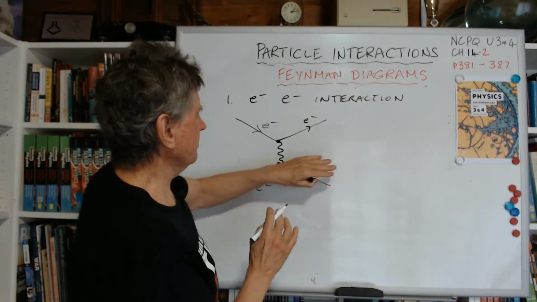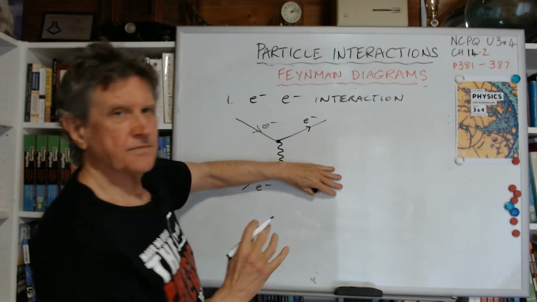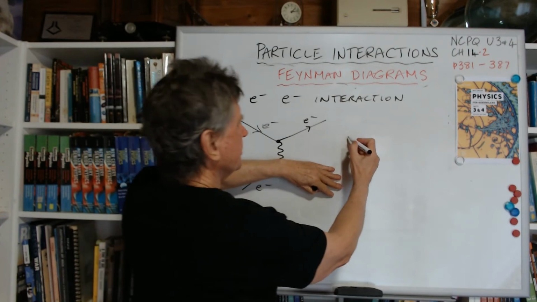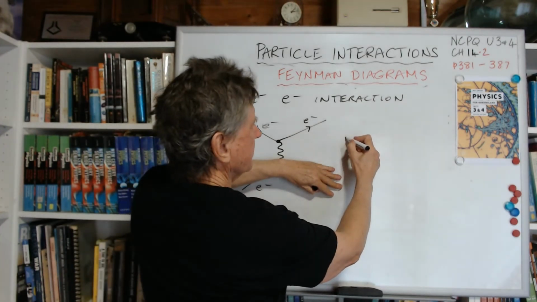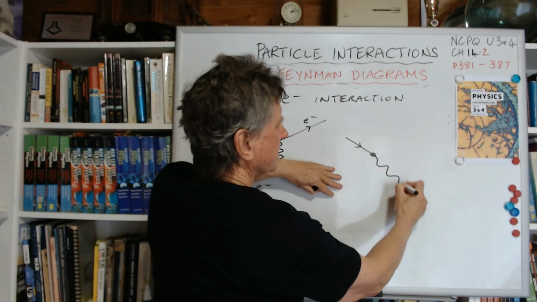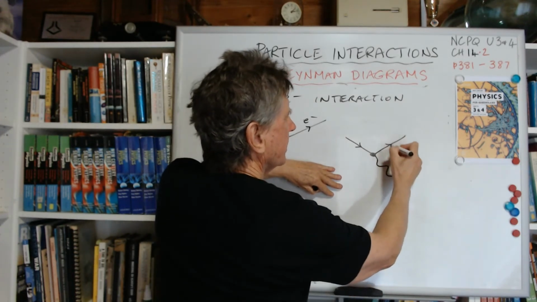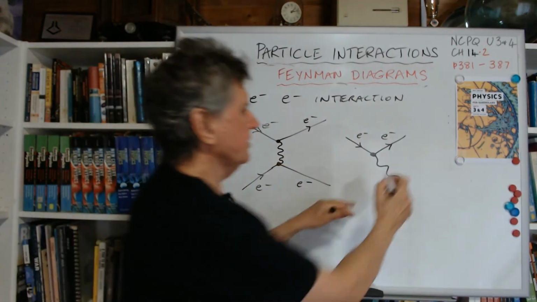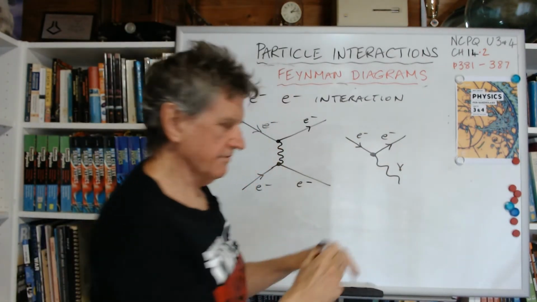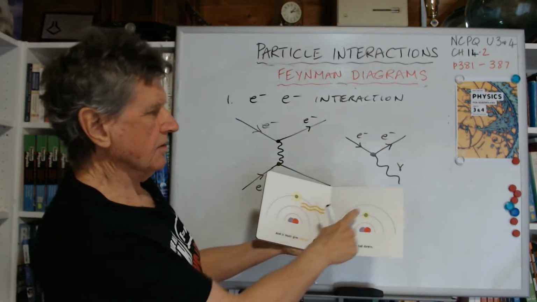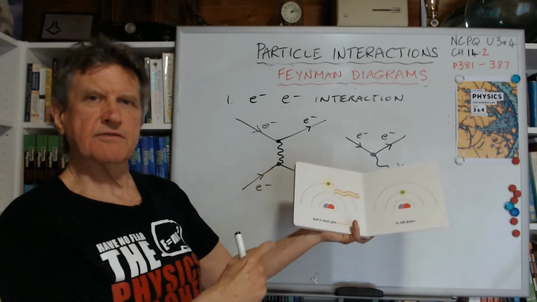I wouldn't suggest you do it, but for instance you could say this is happening: an electron is giving off a photon and goes like that. Now that's still an interaction. You've got the photon, and that's this thing I was telling you about, where the electron jumps to a lower level and gives off a photon.